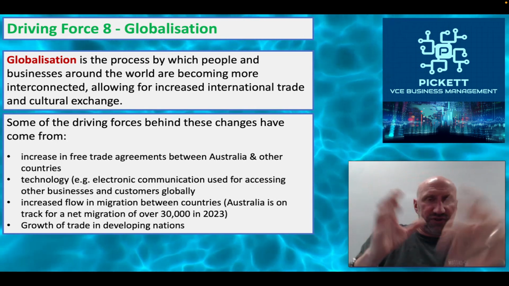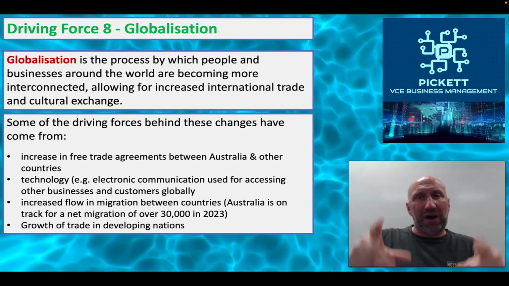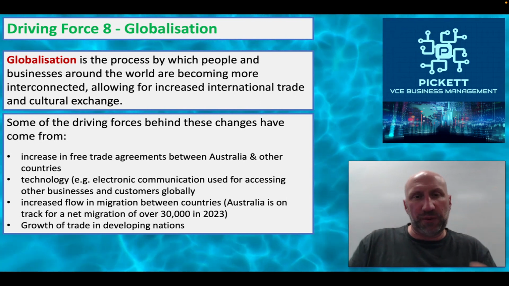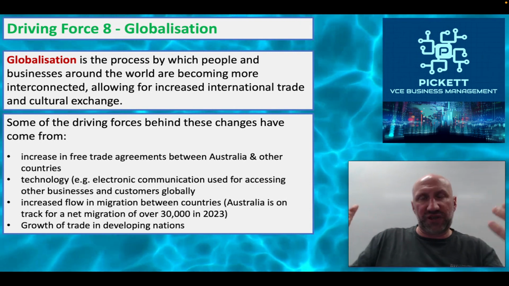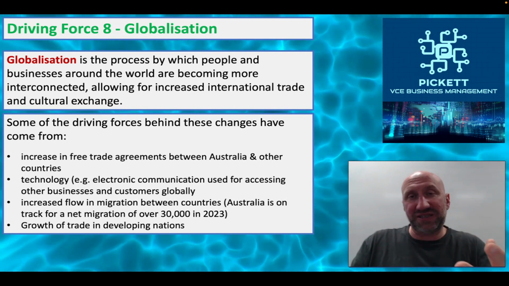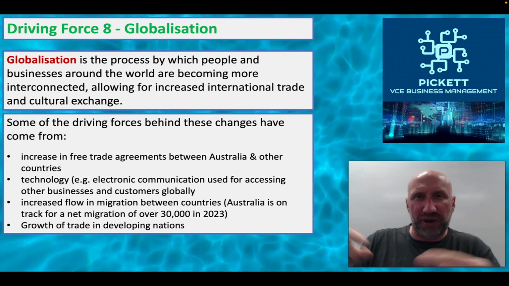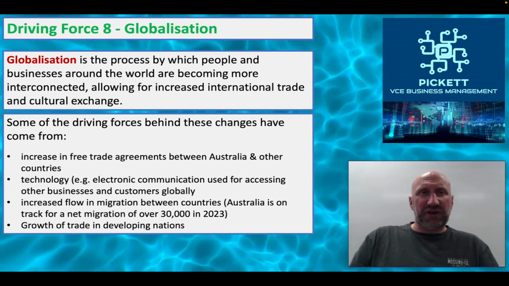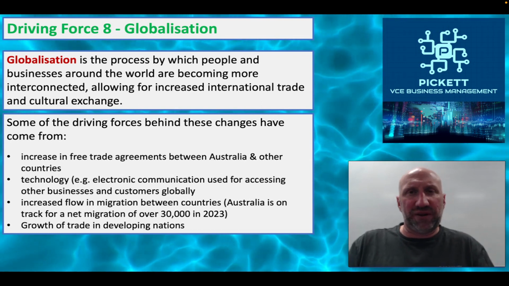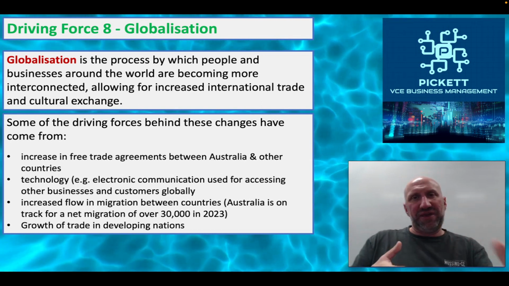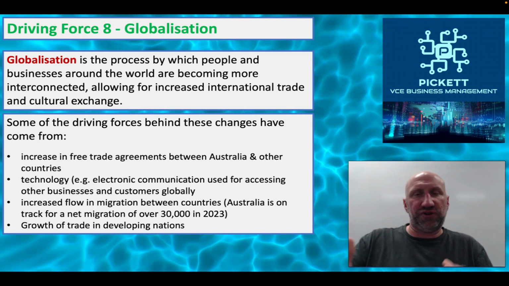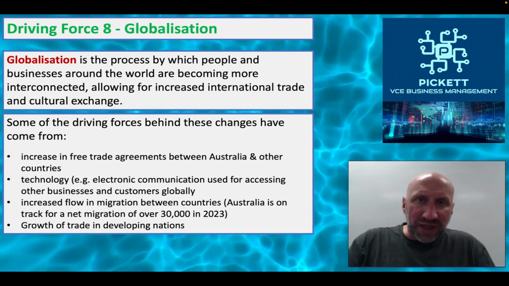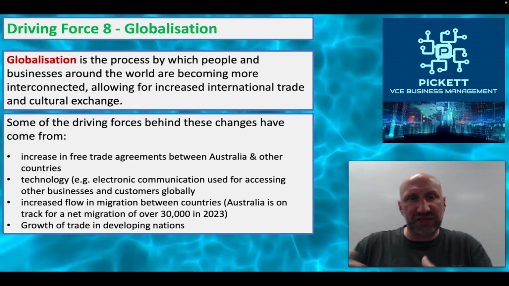That's always been the case. Now, what happens is two countries, so Australia and New Zealand, will set up a free trade agreement which removes those tariffs and taxes. So basically it means it's cheaper to trade between those two countries. So it removes one of the barriers to trade. It makes trading easier. And there's more and more. Australia are constantly trying to negotiate free trade agreements with as many nations around the world to encourage this international trade.